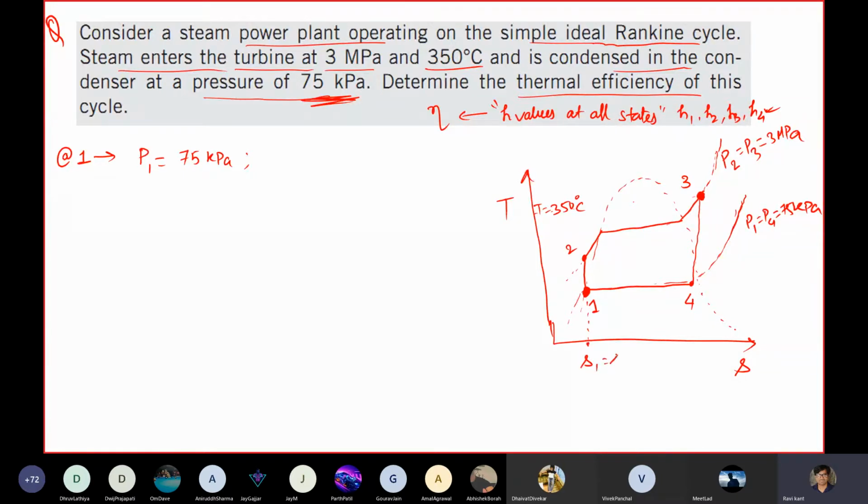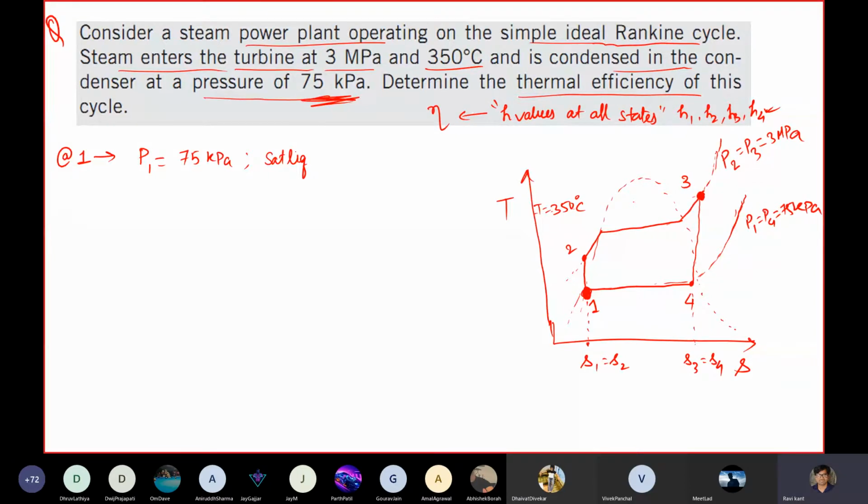S1 is equal to S2, and S3 is equal to S4, since these are isentropic processes, pump and turbine. And what is this state? This state is essentially a saturated liquid state. This also we know, we start with.